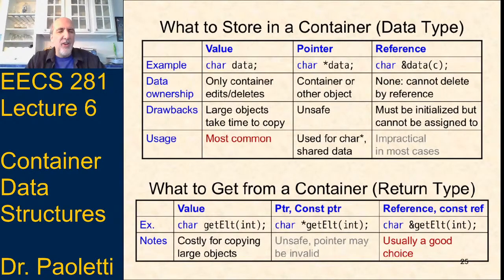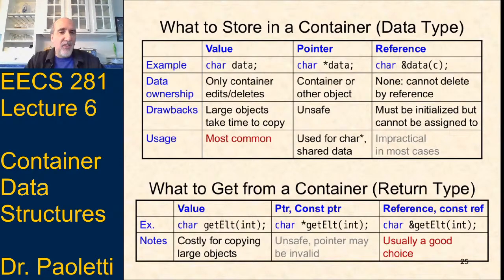And I'm talking about not just a character variable inside my container, but let's say my container contained a block of dynamic memory holding chars. Then I own that block of memory which contains some number of characters. I am the owner of it. I'm the only one allowed to edit it. I'm the only one allowed to delete it.